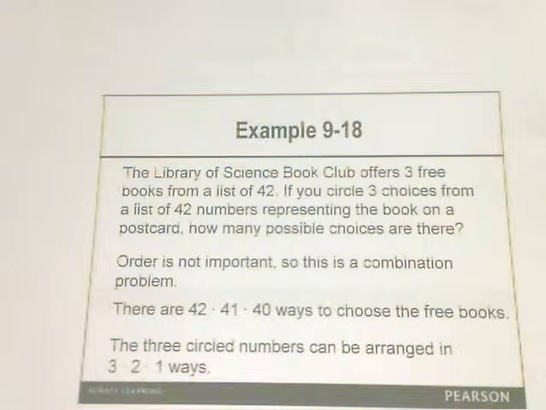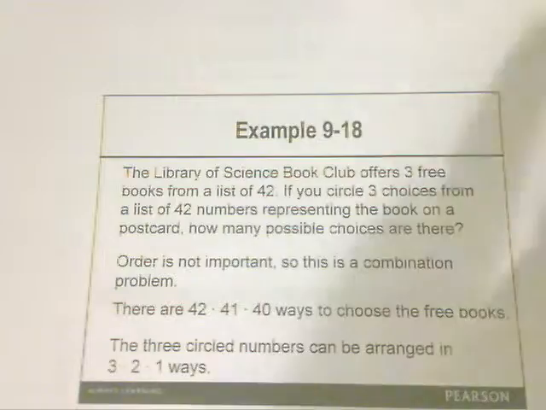And that product represents the number of ways to choose the free books. If you multiply 42 times 41 times 40, that will give you 68,880 ways to choose those free books. And the 3 circled numbers can be arranged in 6 ways. That's 3 times 2 times 1.